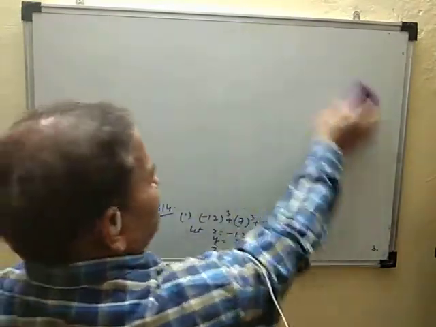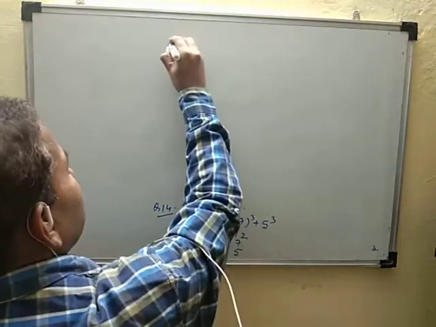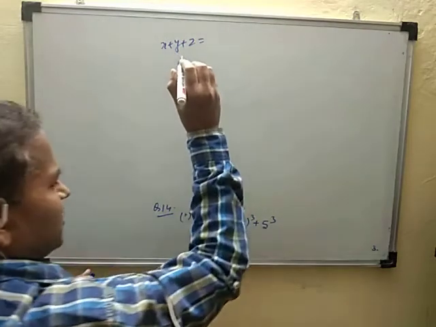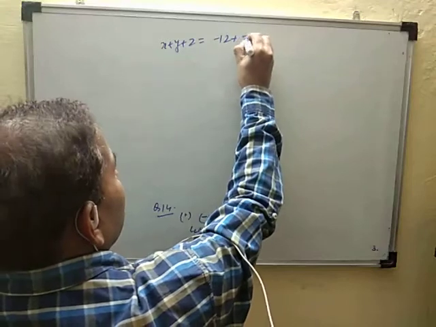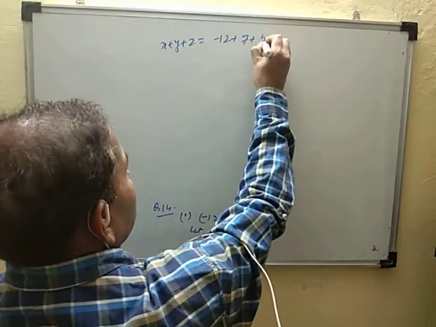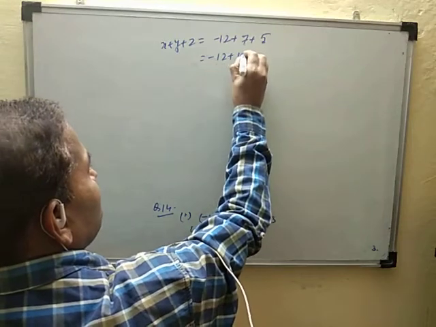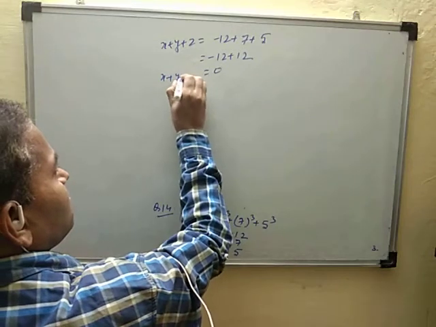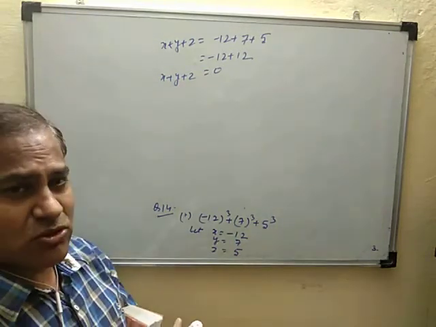What is their sum? That is x plus y plus z, which is equal to minus 12 plus 7 plus 5, that is minus 12 plus 12 is equal to 0. So the sum of the three terms x plus y plus z is equal to 0.